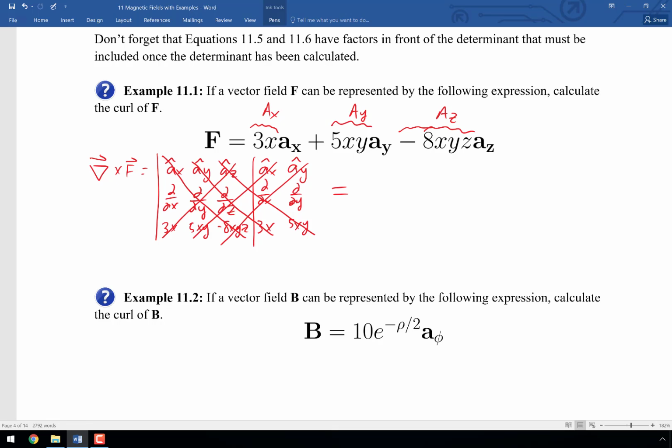You might say, well, what good does that do us? What we're going to do is take every element that's on each of those right-leaning diagonals, and we're going to make those be positive. So I'm going to take a sub x times the partial with respect to y of negative 8xyz.